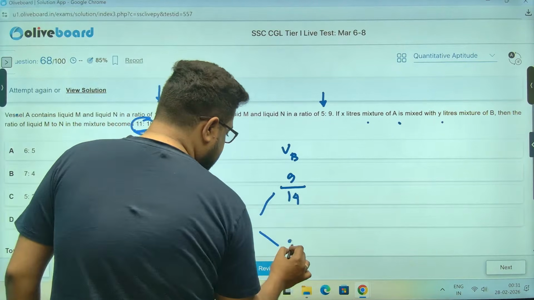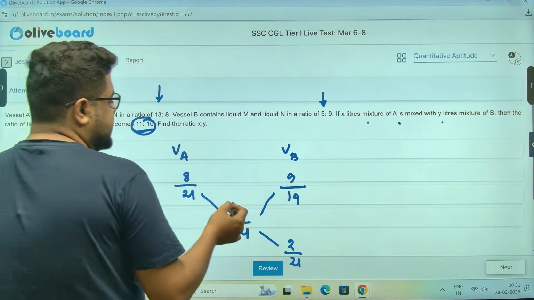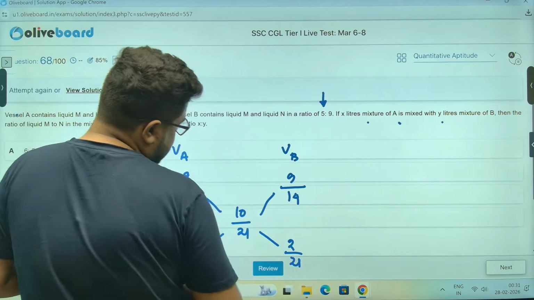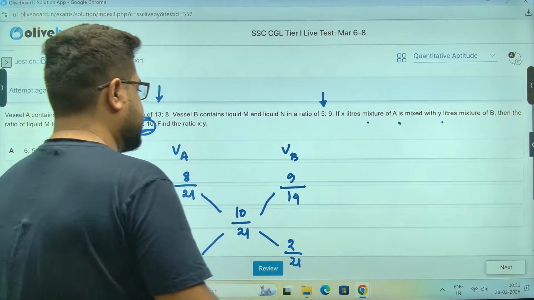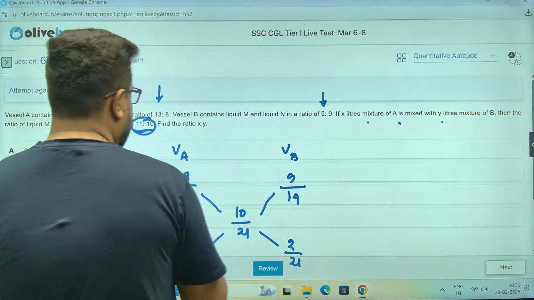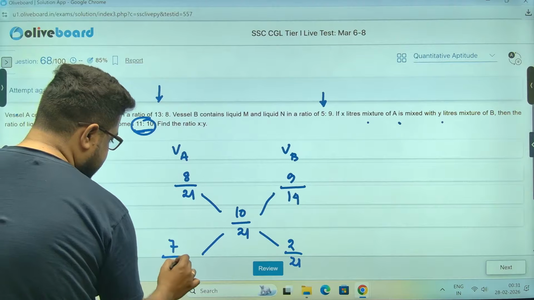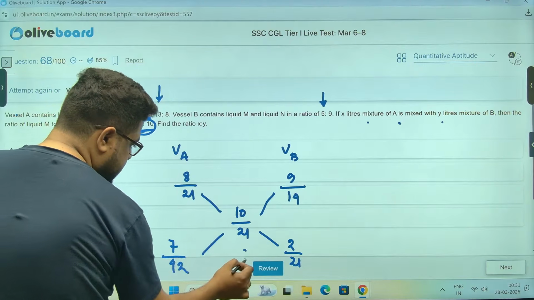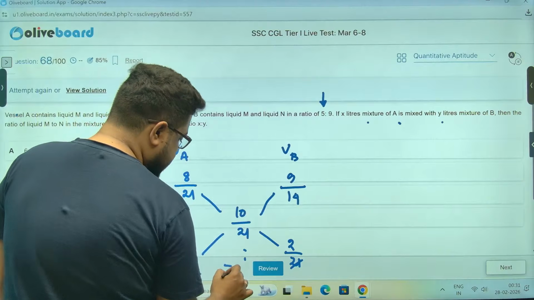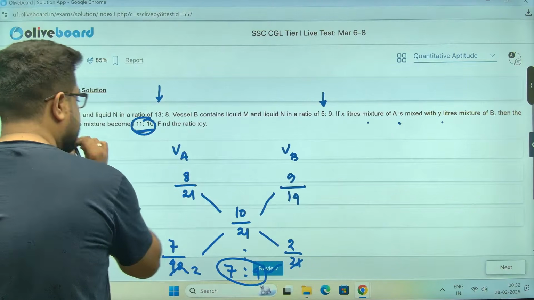So this is going to be 2 upon 21, and this is going to be, let's do this, 42 will work, right? 20 and 7. So 7 upon 42. So this is 2. So 7 is to 4 is what I'm getting, option number B.